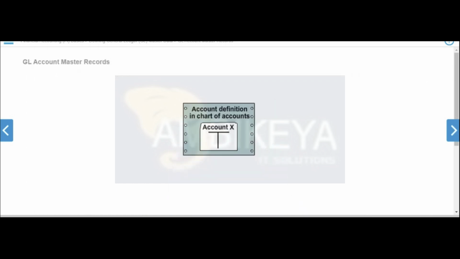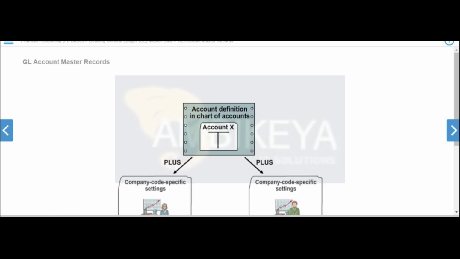The two segments of the GL Master Record are as follows. Chart of Accounts segment. The Chart of Accounts segment contains a description of the account, an indication as to whether the account is a balance sheet account or a P&L account, the account group that controls the company code segment fields, and the consolidation account number.